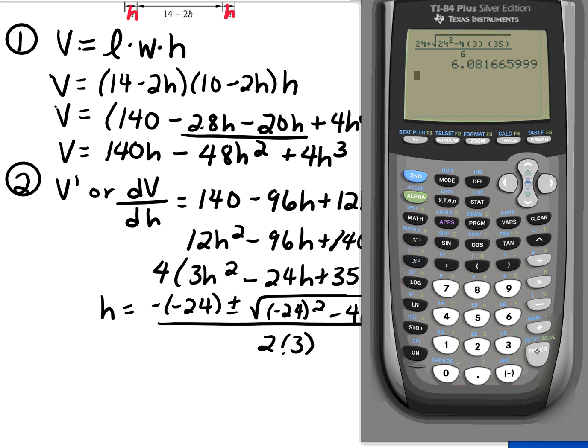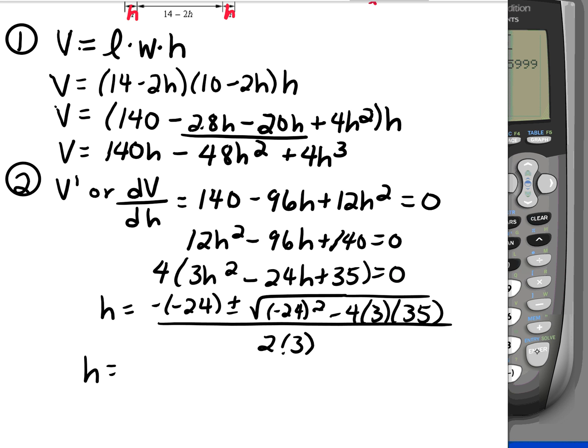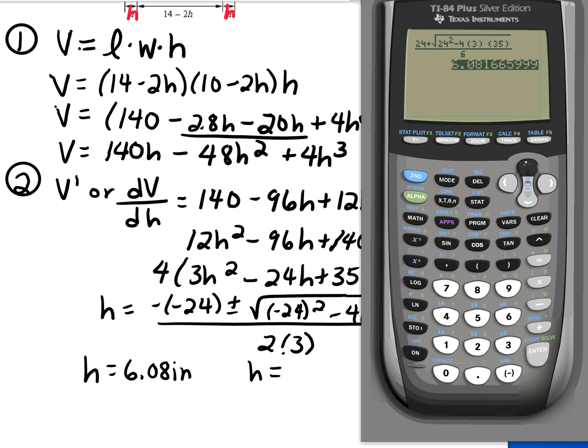I get one answer of 6.08. And I get a second answer, which I can get by going back and editing this one that I've already put in. I'm just going to change that middle into a minus, and get 1.92.